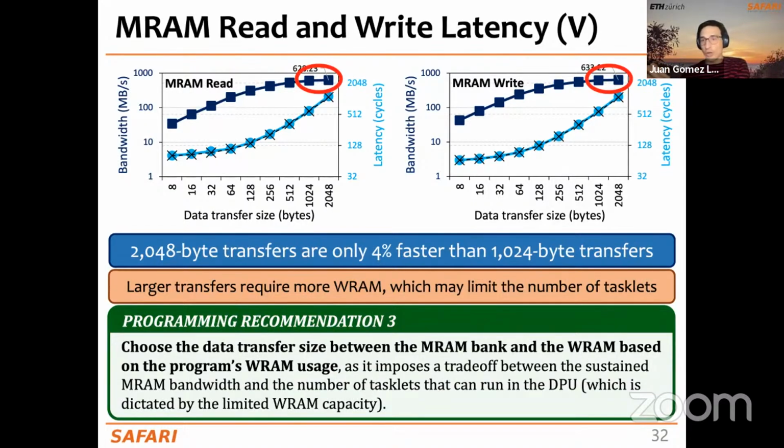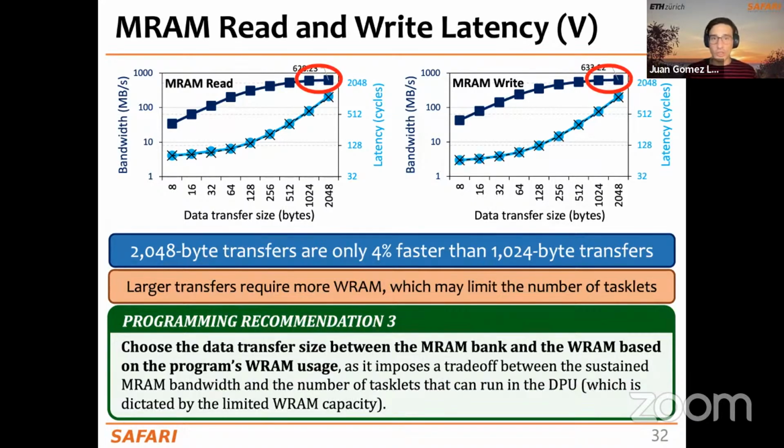The fact that I'm bringing a larger chunk from MRAM to WRAM means that I need to allocate data space in WRAM. And the total amount of WRAM is relatively small. It's only 64 kilobytes, and these 64 kilobytes are shared by all tasklets that we are running on the same DPU.